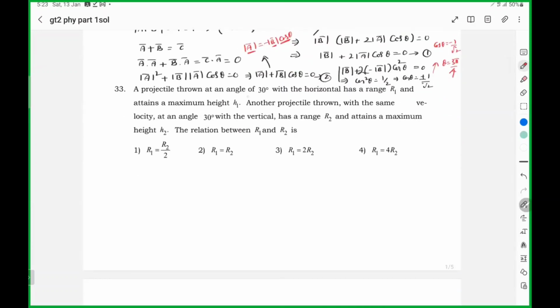Here, a projectile is thrown at an angle of 30 degrees with the horizontal.